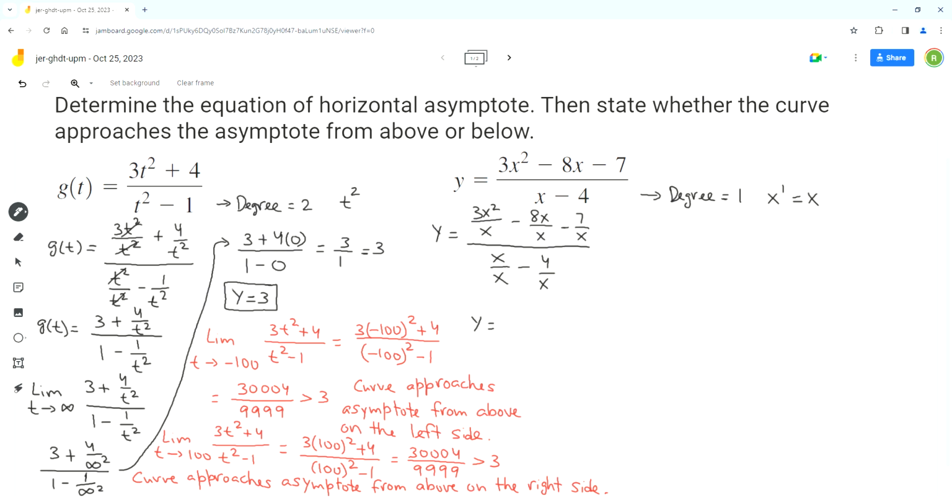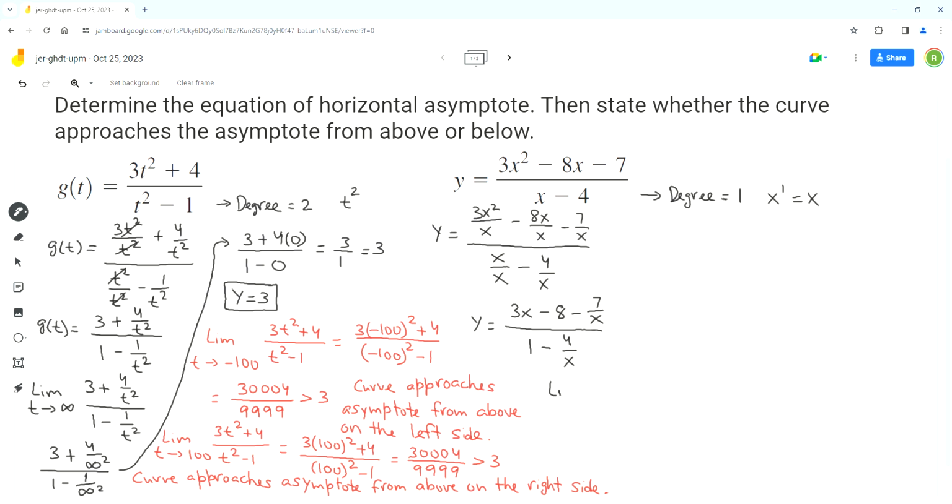We can simplify this expression. We'll start with the numerator. x squared over x can be reduced to just x. So we get 3x minus 8 x over x, they cancel each other out, so just 8, and then minus 7 over x. And in the denominator, in the first fraction, the x's cancel each other out. So 1 and then minus 4 over x.